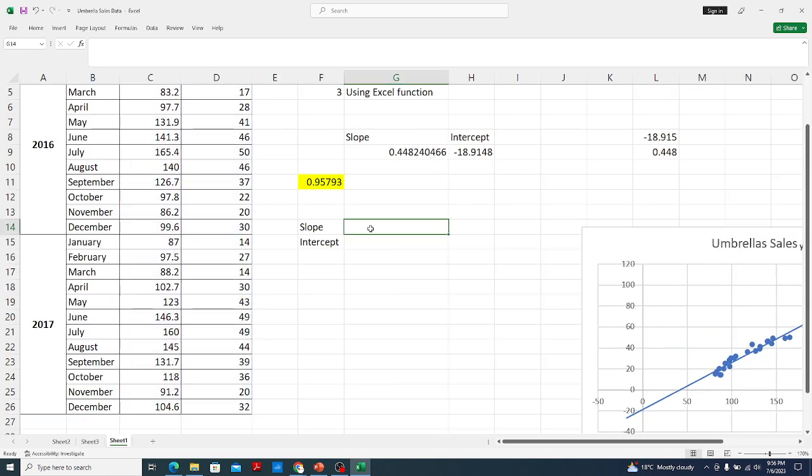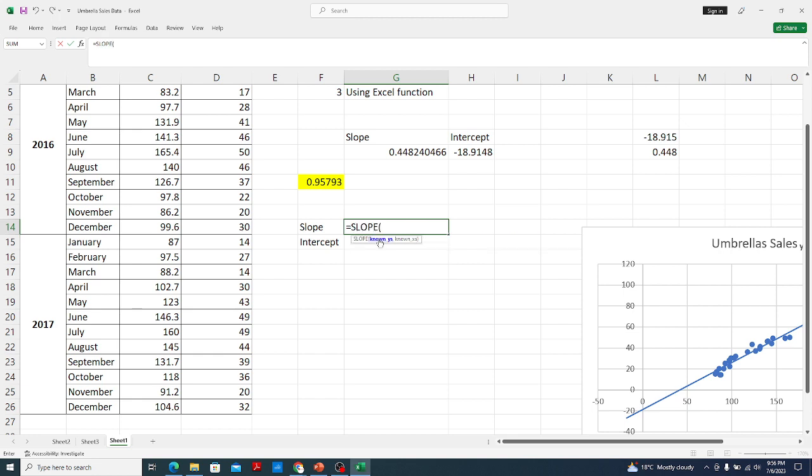Then the other formula to find the coefficients is to use the slope and the intercept functions. So we say equal to slope. Slope will return the slope of the linear regression line through the given data points.